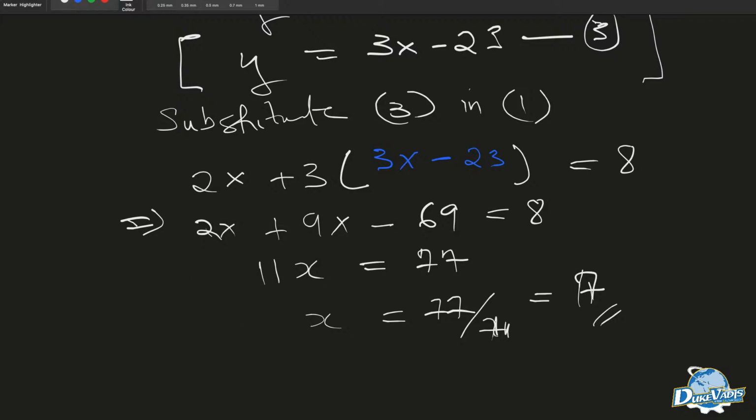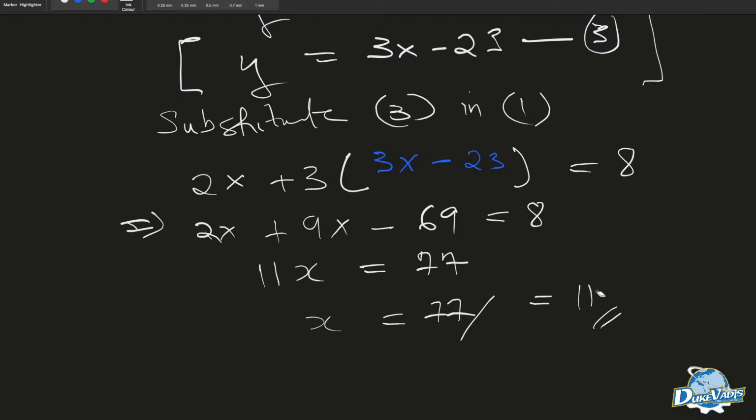You know we are live. So let's clean this. Okay, so we come back here again, and we know 77 divided by 11 will give us 7. So this implies that our value of x is equal to 7.